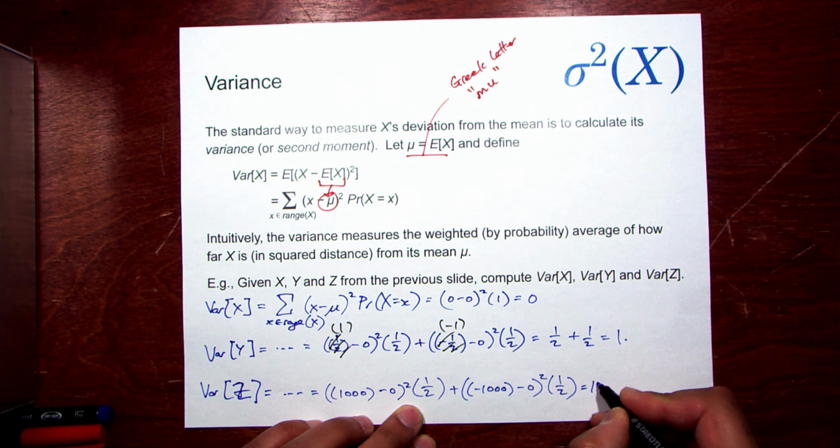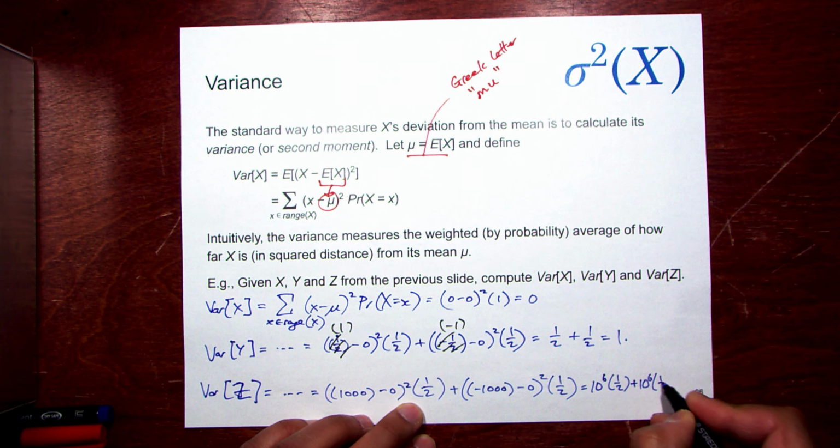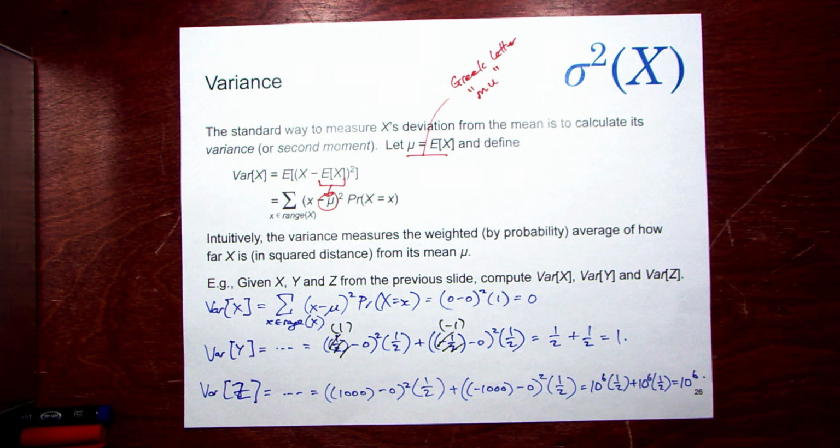So 10 to the 6th times a half, 10 to the 6th times a half, and that's equal to 10 to the 6th. So no spread for the one that's always the same. That makes sense. It doesn't vary. Variance is in the word. Some small spread for plus or minus 1. Huge variance for plus or minus 1,000. Three very different distributions.